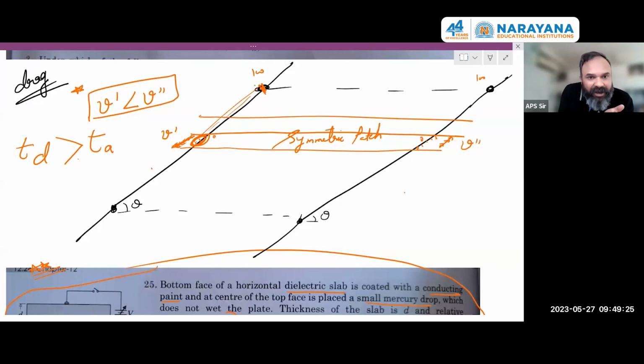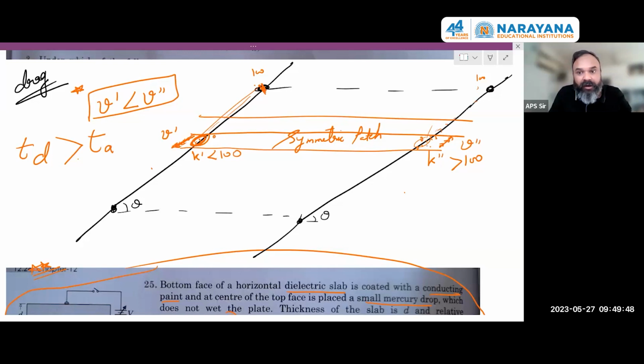Now this one will have a kinetic energy K prime, which is definitely less than 100, because out of the 100 it took kinetic energy and some losses also happened. But when I go from bottom to top, I will have a kinetic energy which is definitely greater than 100, because out of this kinetic energy, I have to increase my potential by 100, and I have to overcome the drag also from here to here, which are some losses.